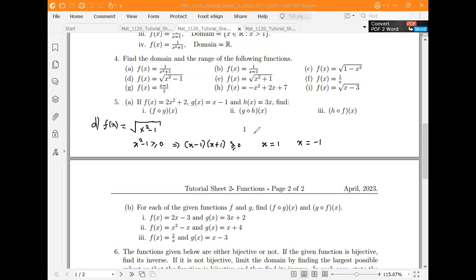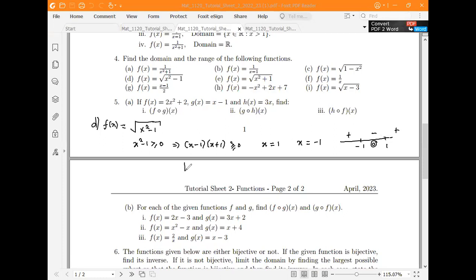So you equate to 0 to get the critical numbers, and then you go to a number line to see where it's minus or positive. If I pick 0 here and substitute there, I'll get a minus, so it's plus, minus, plus. And you want it to be greater than or equal to 0.